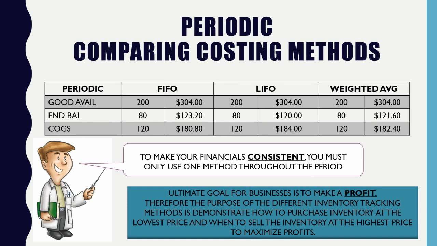So as you can see, if you do end up using FIFO, you're more likely to have a higher value in your inventory, okay? If you do LIFO, you're going to have a lower value in your inventory. For weighted average, it doesn't matter. They're all going to be costed the same.